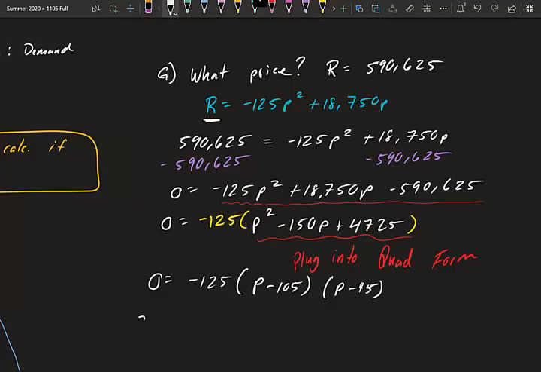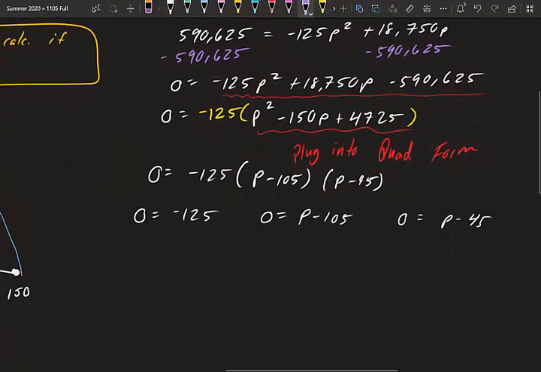So we have 0 equals negative 125, 0 equals p minus 105, and 0 equals p minus 45. Here, 0 equals negative 125 means nothing.